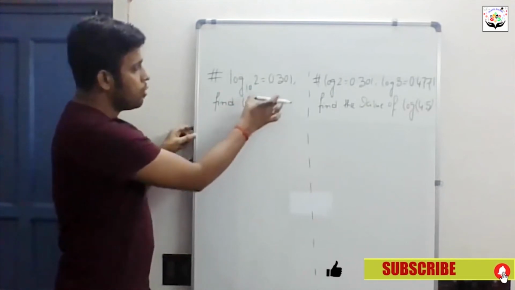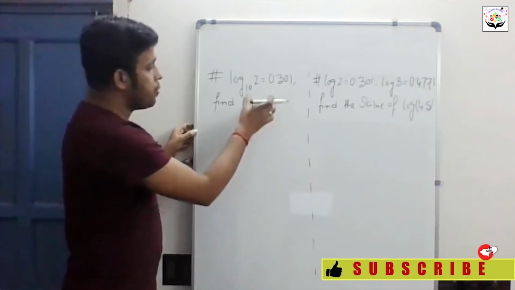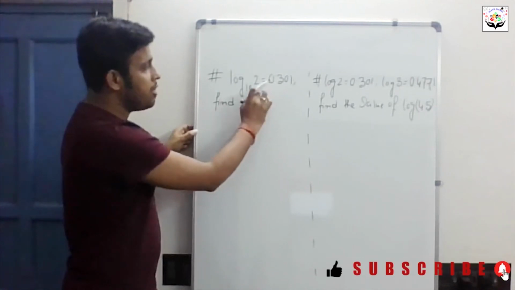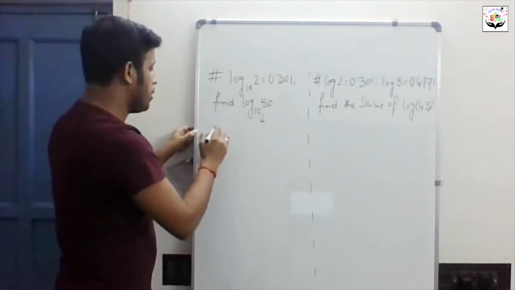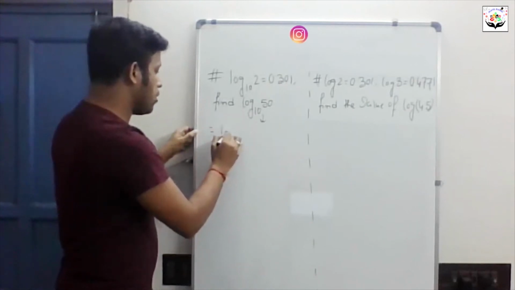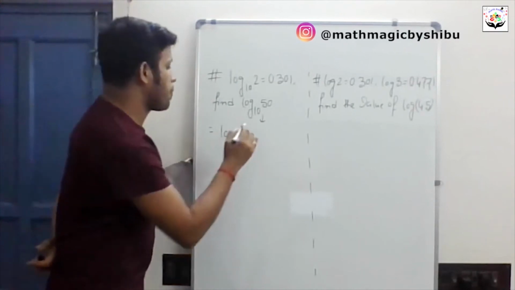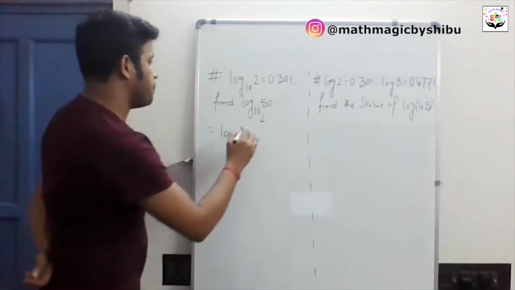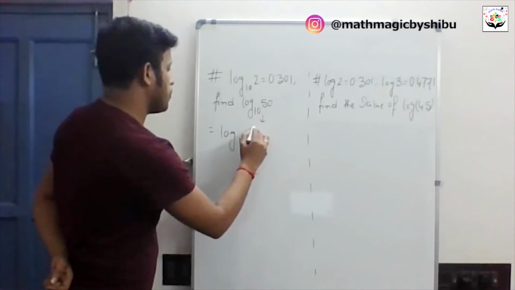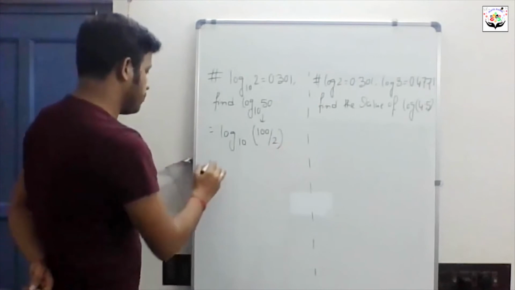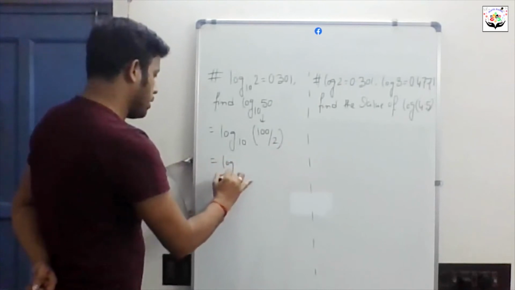So we need to expand this part in a manner so that we can use this value. So let us start with log 10 of 100 divided by 2.